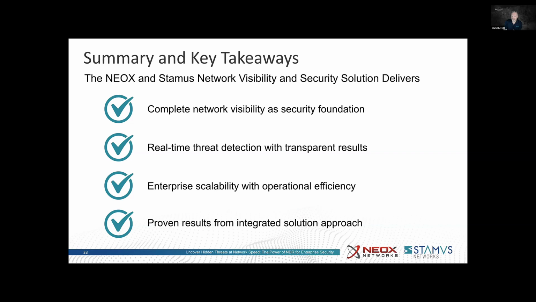We've talked several times today about the multiple 100 gigabit per second probes deployed in enterprise networks, and it scales from 100 megabits per second network connections all the way up to multiple 100 gig network connections.